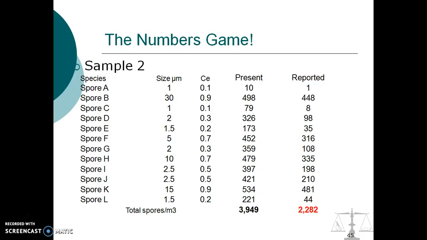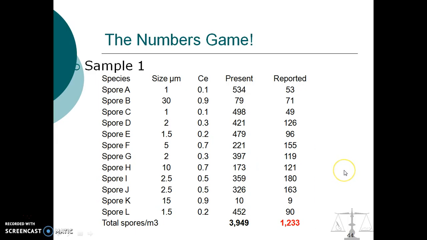That is just a reality of life. You're going to find that in every single sample ever collected. That's all there is to it. So the laboratory then has reported their value, and what we see for sample number 2 is for 3,949 spores present per cubic meter of air, the laboratory is going to report it as 2,282 spores per cubic meter of air.